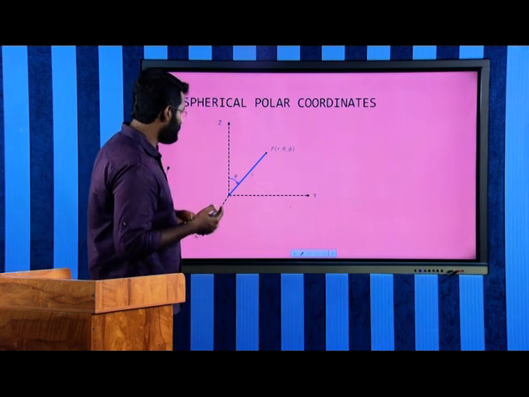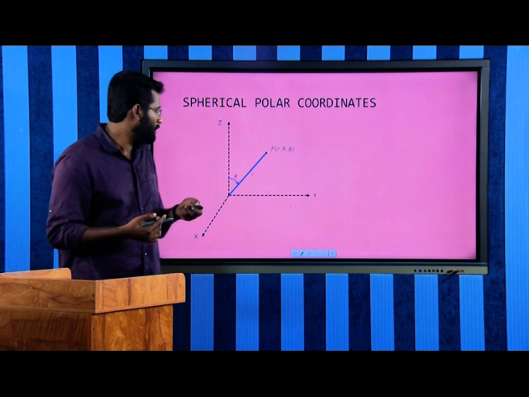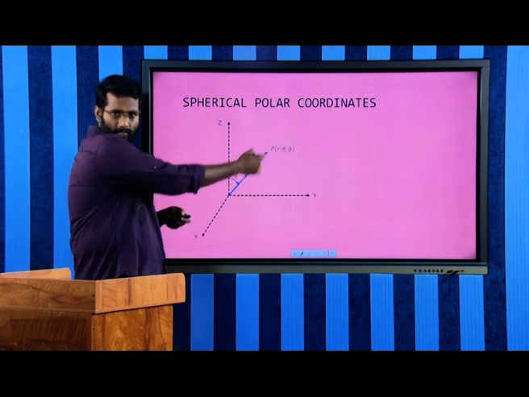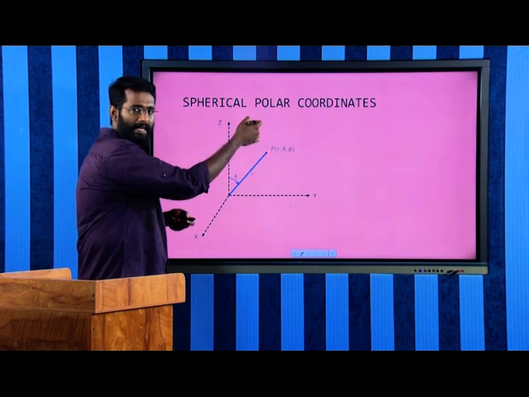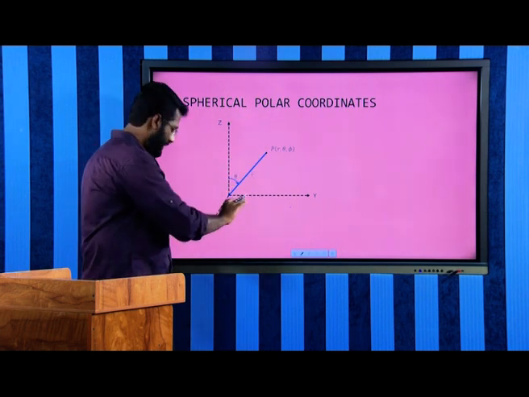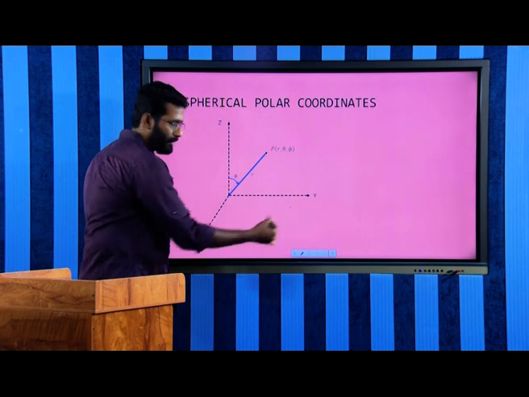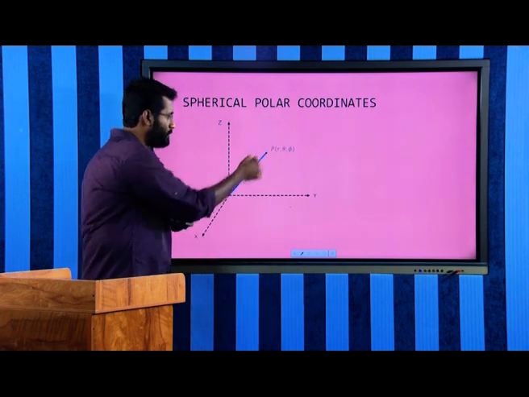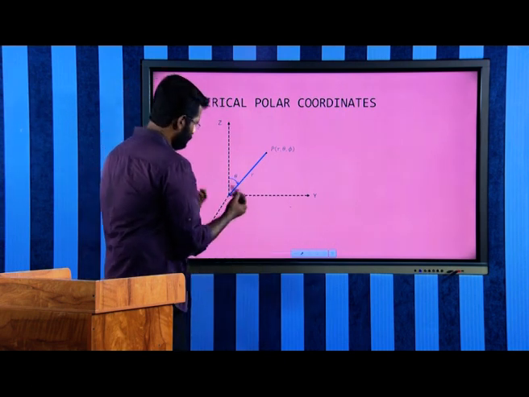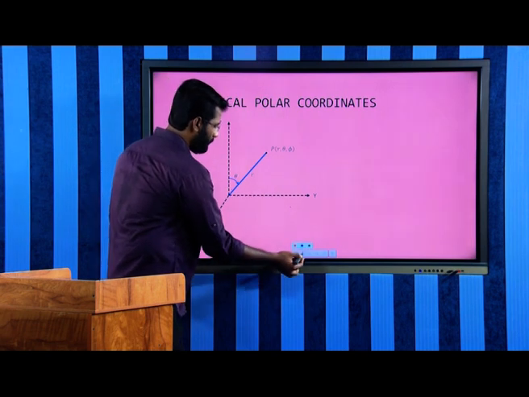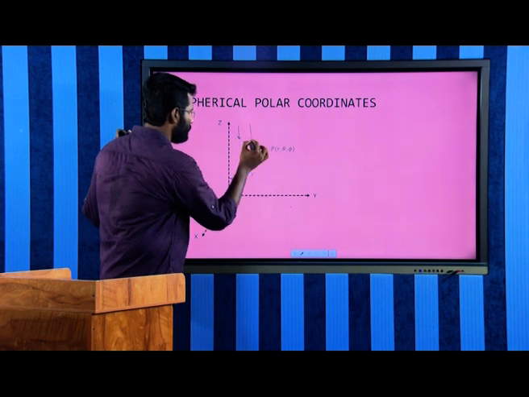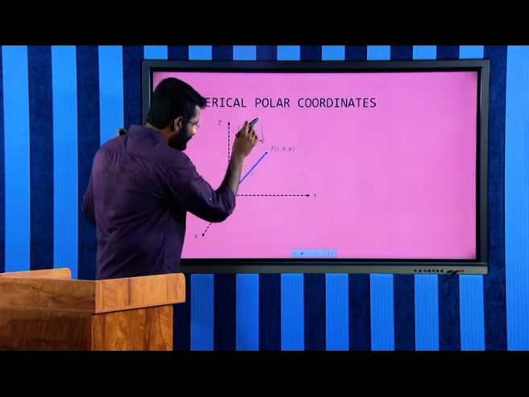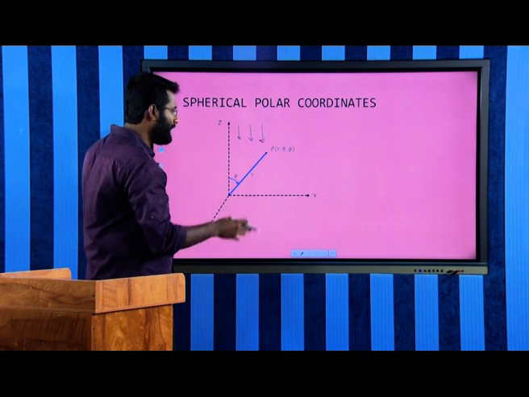So next we have the r here. R is a length, and we can project it, or take the component of it, on the xy plane. Now this is the xy plane. To get the projection of this line on the xy plane, just put some source of light here, and this will make a projection, or simply a shadow.